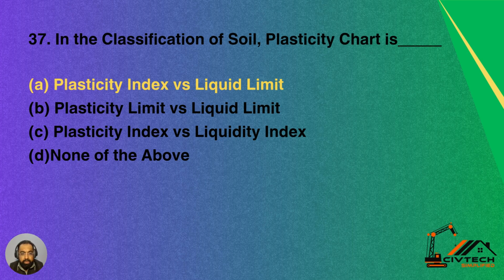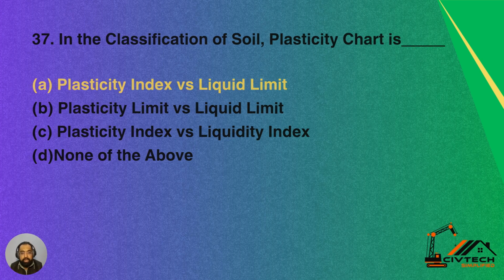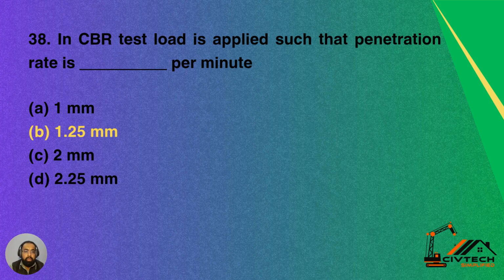Option C is plasticity index versus liquidity index. Option D, none of the above. So A is the correct answer, plasticity index versus liquid limit. B was plasticity limit versus liquid limit. But A is the correct answer, plasticity index versus liquid limit is the one shown in the plasticity chart.